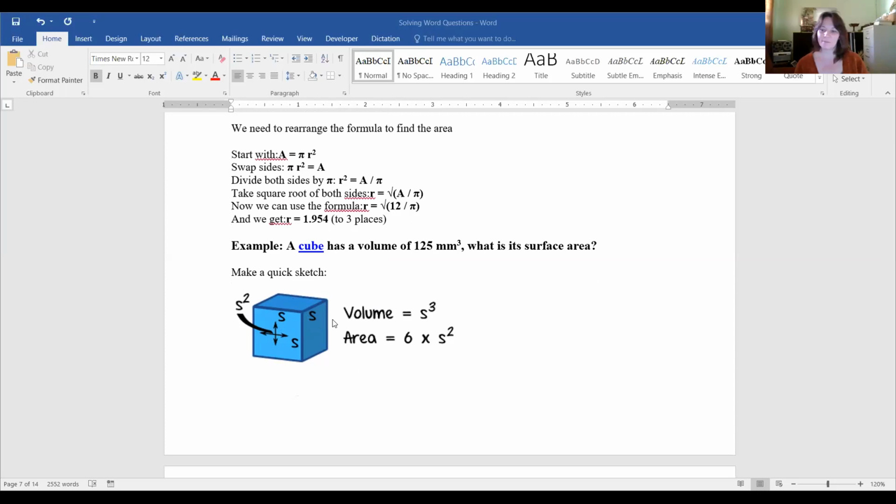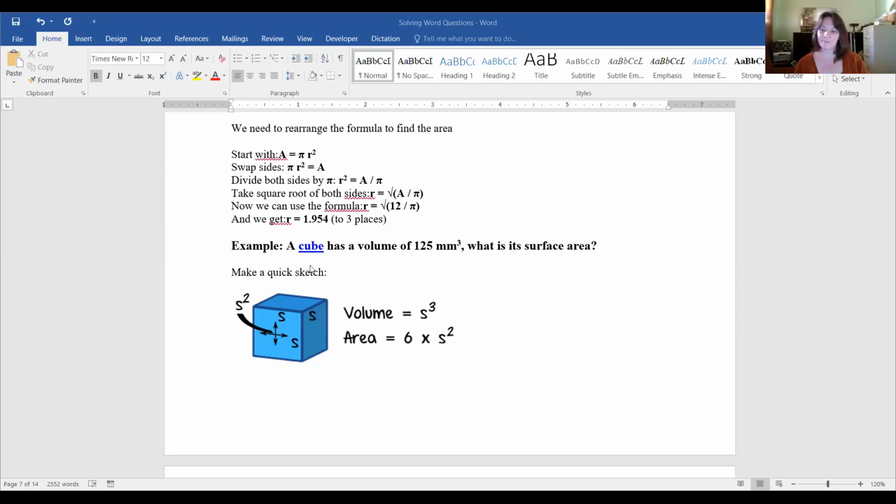Well, if each side is a square, squares by definition have sides of the same length. And in a cube, when we put together 6 of these, the height is the same as the length of any one side. So the volume is simply the length of the side cubed.